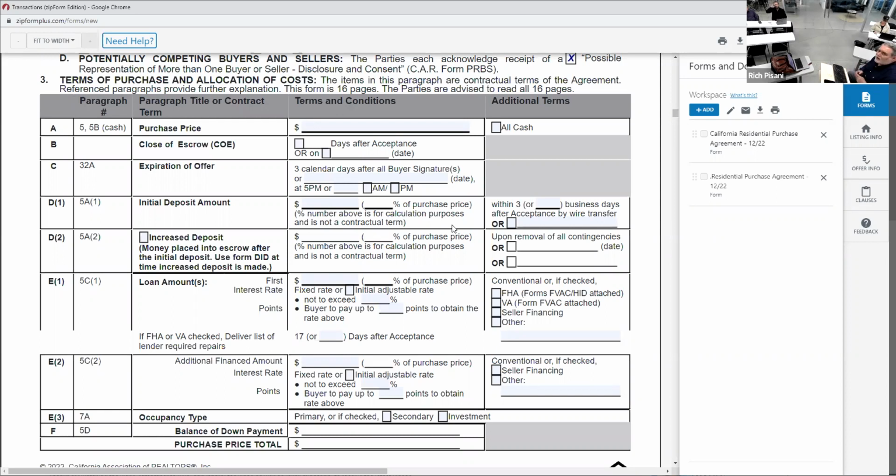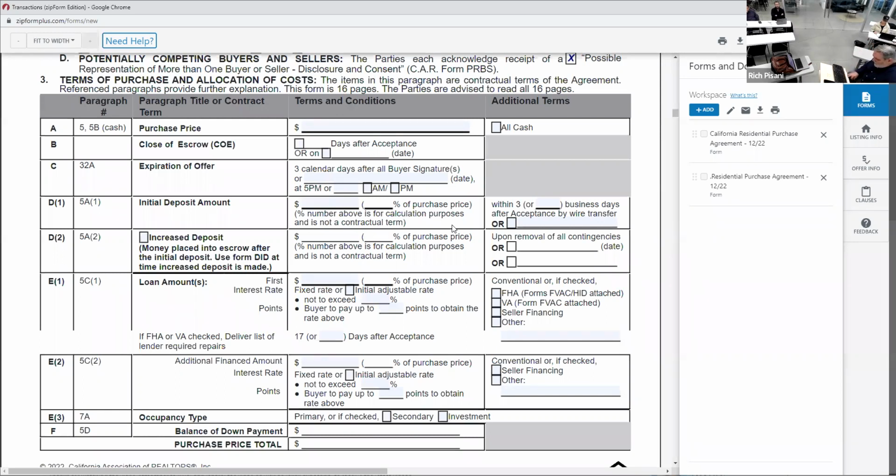Expiration of offer. It defaults that this offer expires 3 calendar days after all buyers' signatures. All buyers' signatures. So if you only have one, you don't count it until everybody is signed. So at 5 o'clock. Now that can be changed.